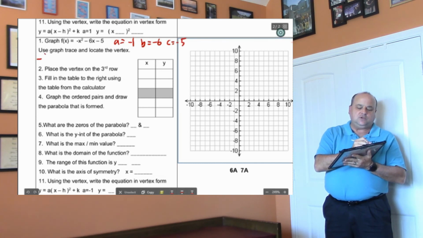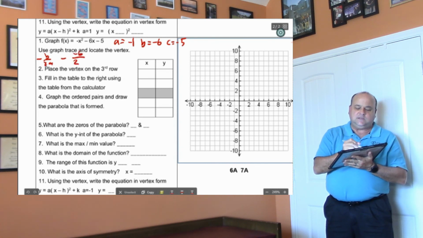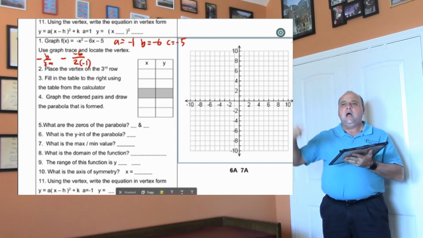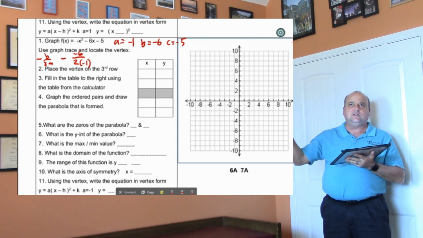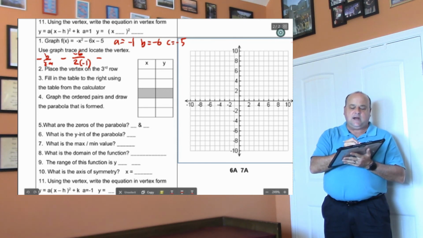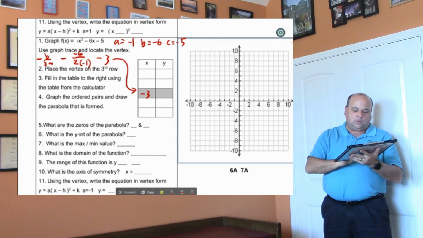The axis of symmetry, I'm just going to put -b over 2a. The b is -6. The a is -1. On this one, we got 3 negatives, right? Odd is negative, even is positive, right? So 3 negatives makes a negative. 6 divided by 2 is 3. The -3 will go right here, won't it? Okay, now then you should be able to finish the rest up.